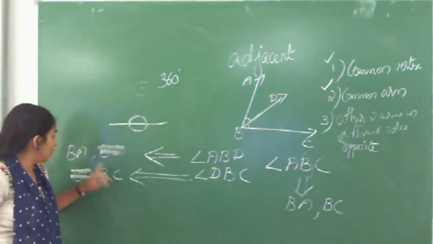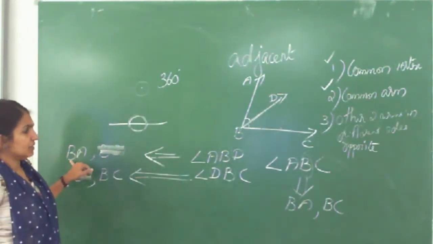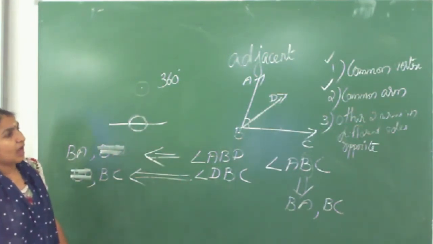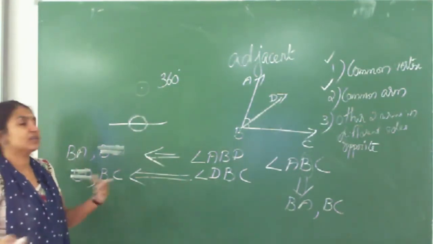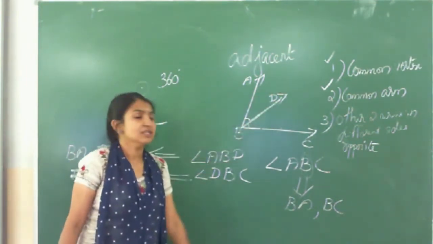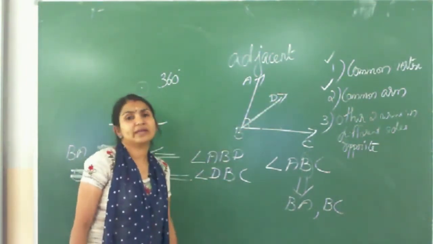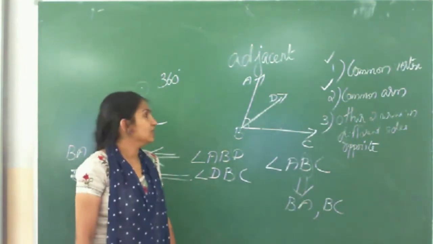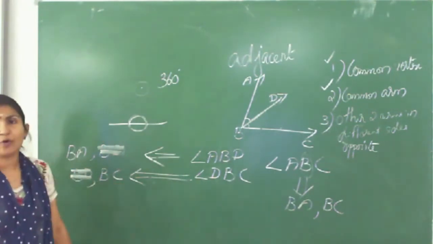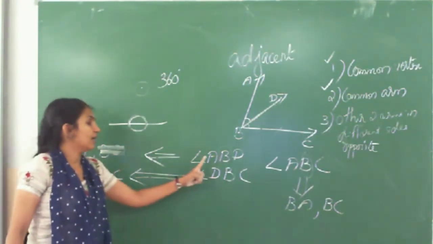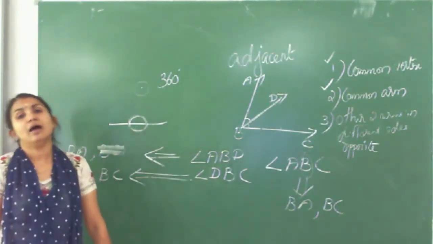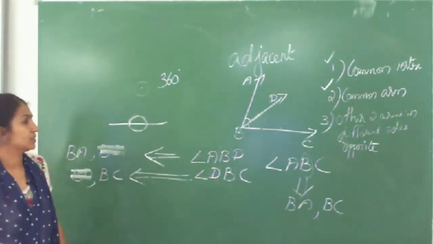It is okay with one, BA is there. But what about the other one? The other two arms should be on different sides. There are no other arms on the other side, only the one which is inside. So it is not satisfying the adjacent angle condition. These two angles satisfy the three points, so we can say that angle ABD and angle DBC are adjacent angles.